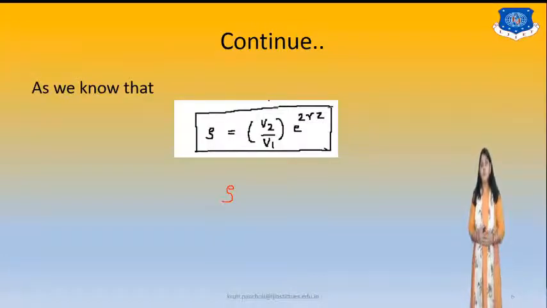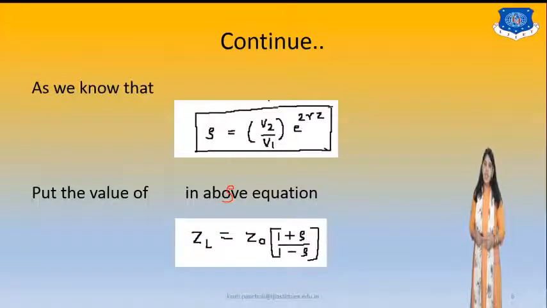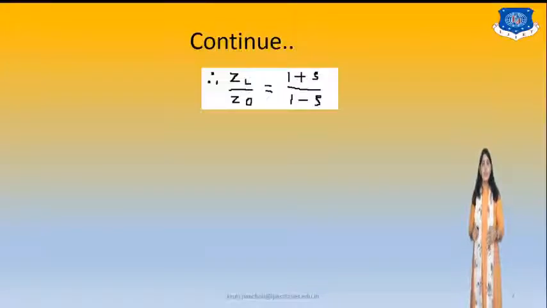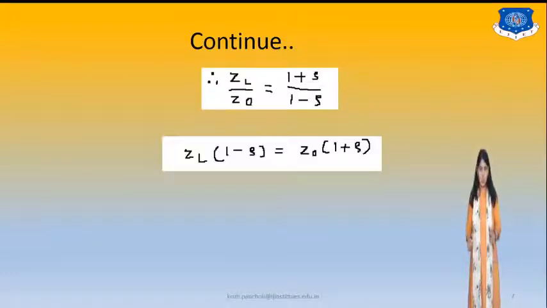It is V2 upon V1 e raised to 2 gamma Z. So we can put the value of rho in the above equation, and ZL is equal to Z0 in bracket 1 plus rho upon 1 minus rho. Therefore ZL upon Z0 is equal to 1 plus rho upon 1 minus rho.